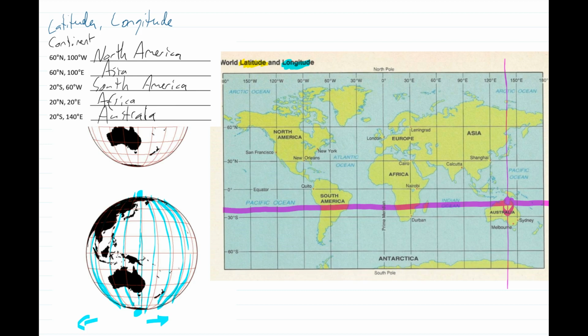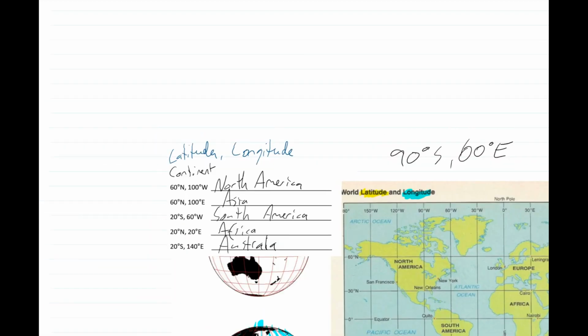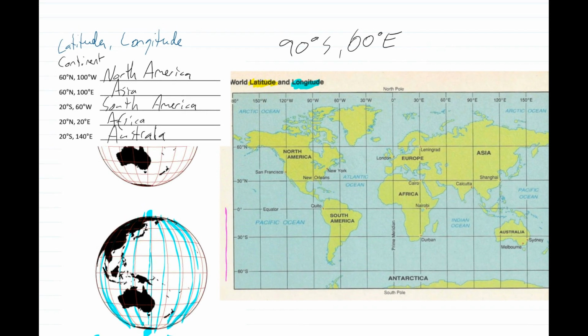Okay, got a bonus one for you. What location is at 90 degrees south and 60 degrees east? Let's go there, shall we? 90 degrees south. Whoa, that's way south. Okay, going way down.